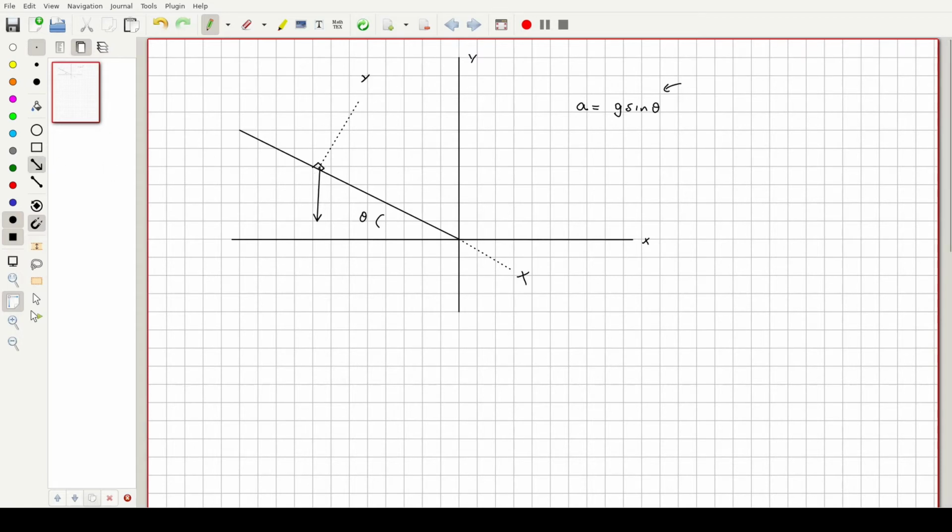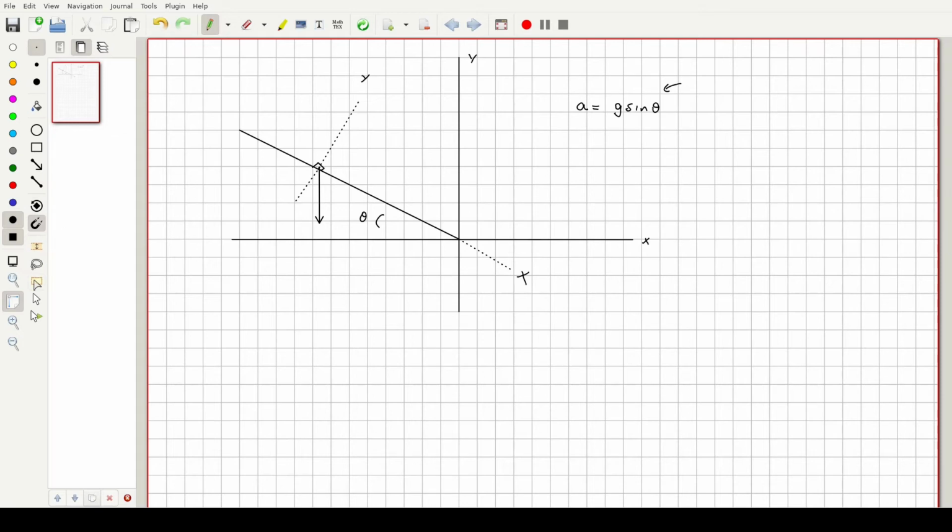Thinking about the direction of the acceleration due to gravity, and the direction of up and down from the plane of the actual inclined plane here.